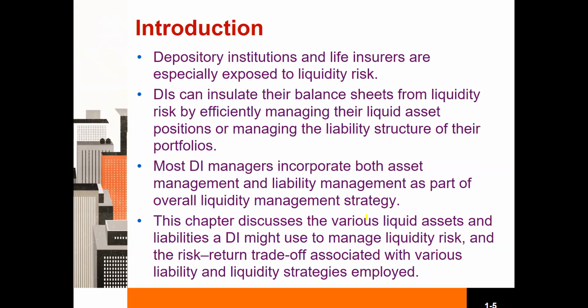In reality, a depository institution manager can optimize both its liquid asset portfolio and the structure of its liabilities to insulate against liquidity risk. So in this chapter, we will discuss the various liquid assets and liabilities a depository institution might use to manage liquidity risk, and the risk-return trade-off associated with the various liability and liquidity strategies employed.